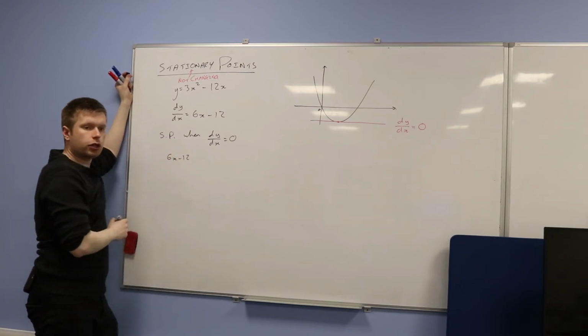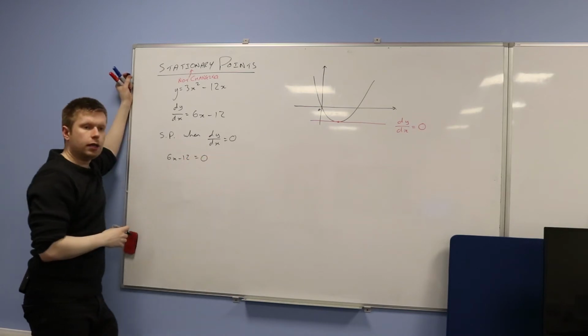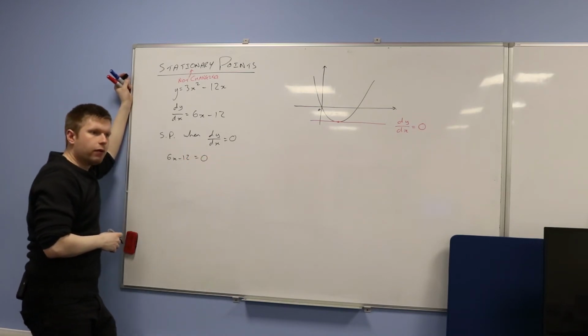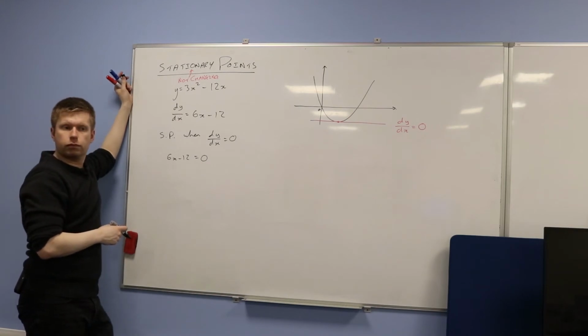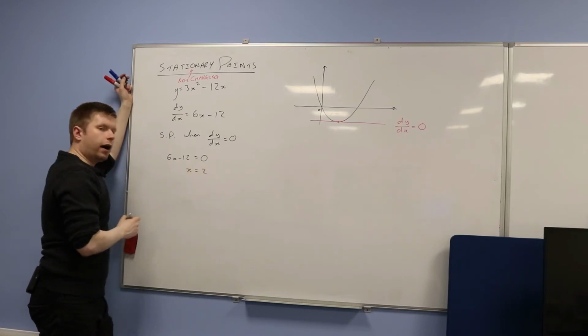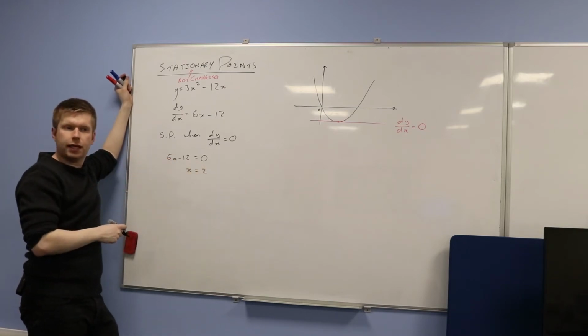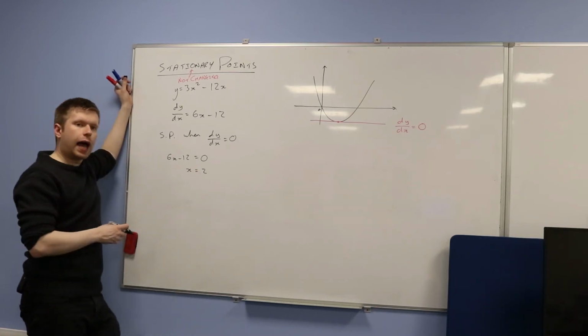So I'm just simply looking for the point when that thing is 0. How can I solve this? Yeah, I add 12 to both sides, divide both sides by 6, just solving that linear equation. Are we happy with that? So I know that my x-coordinate has to be 2.